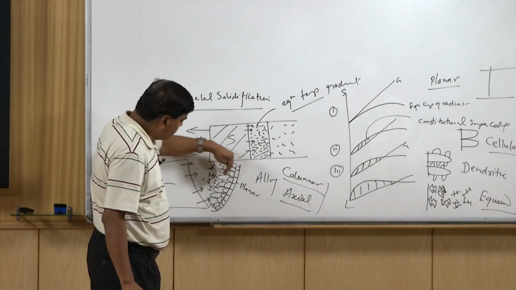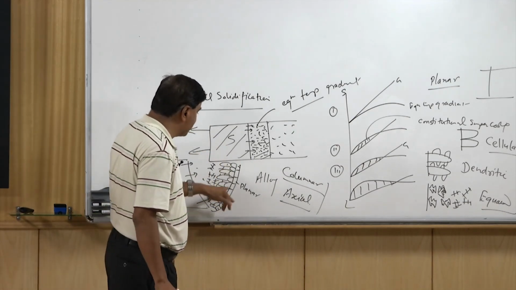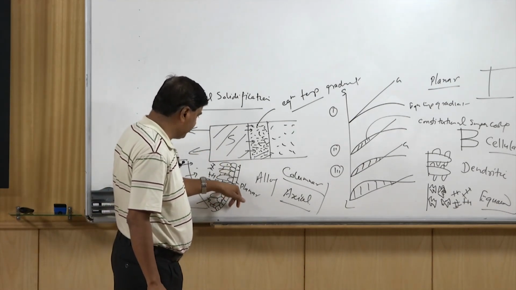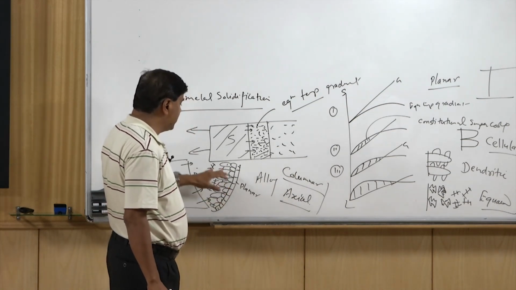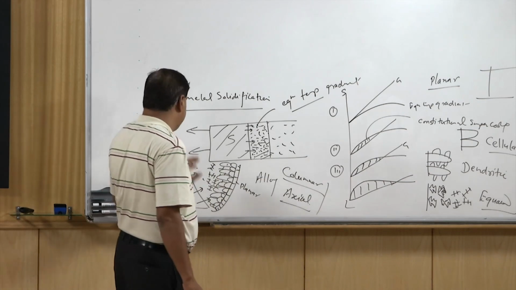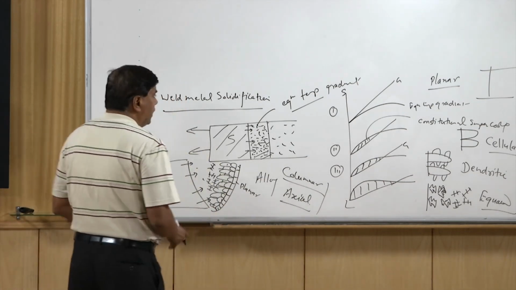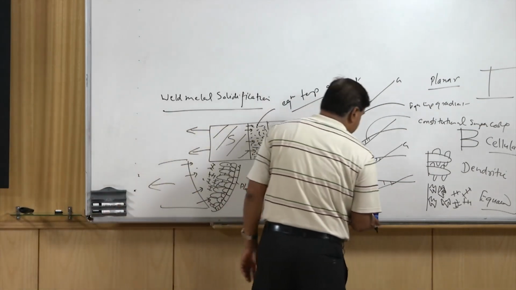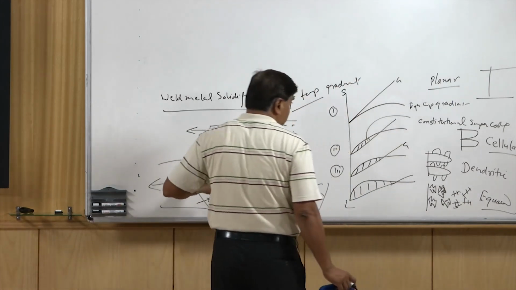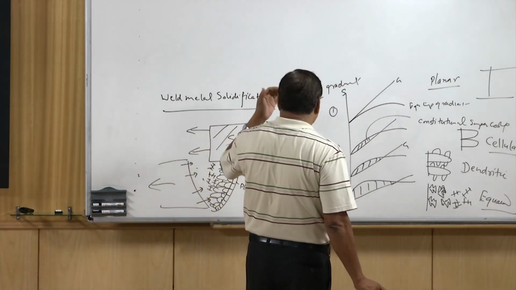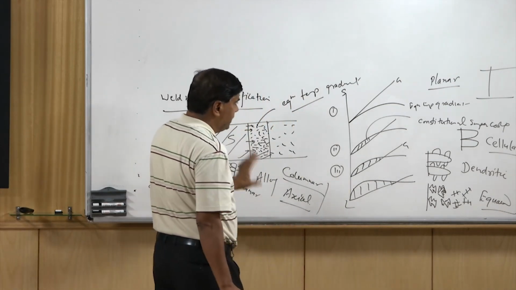As far as these four types of grains are concerned, first we have the planar grains, then cellular, then dendritic, and the equiaxed weld metal at the center. These are related with other parameters, shown schematically, under which the four types of grain structures are observed.